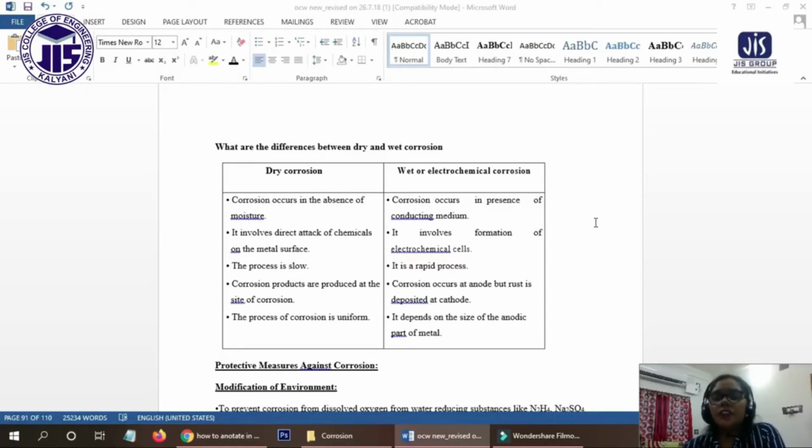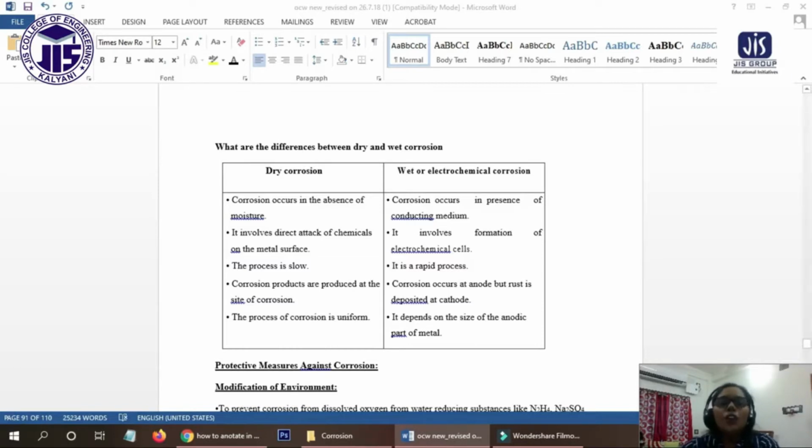There are two types of corrosion that we have: one is dry corrosion and one is wet corrosion, and also we have seen the electrochemical theory of corrosion. That is the reaction mechanisms, whatever reactions we have in wet corrosion, that we have seen.